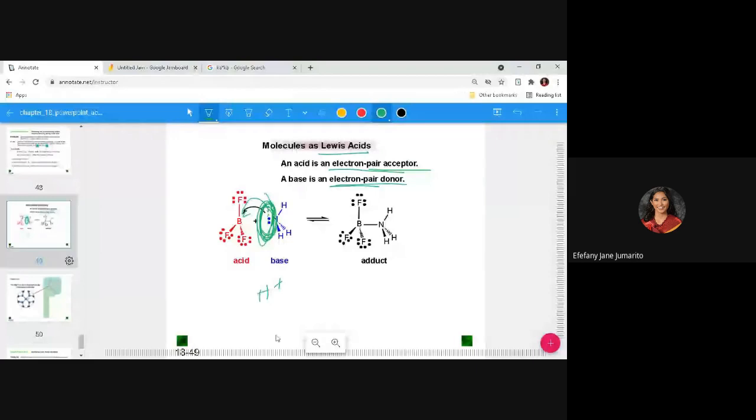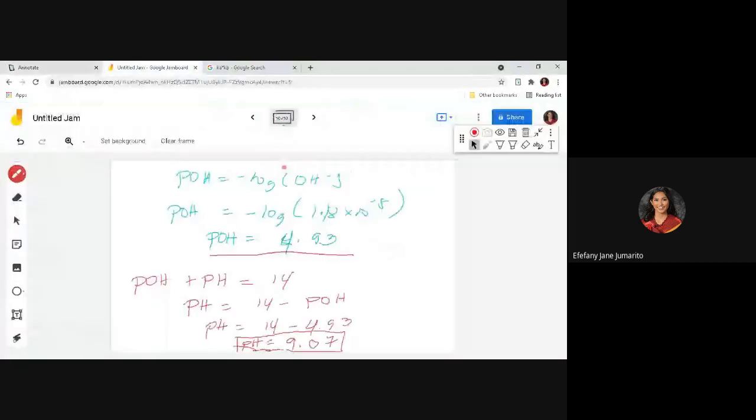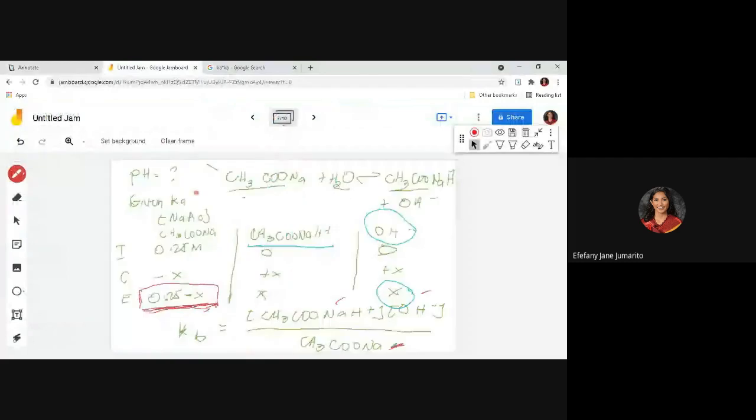If we have this reaction and we talk about Lewis, it's the same thing still. It will accept electrons and the product will be like this also.